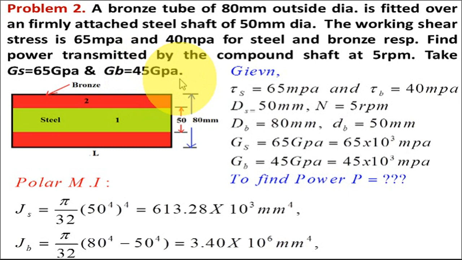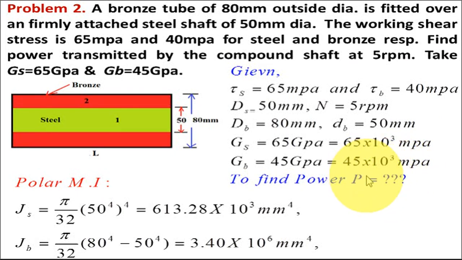Again it is just like the previous problem, but slight changes are there. Now here they have asked to calculate the power transmitted. You know that the power transmitted equation is 2 pi N T upon 60. So 2 pi is constant, N is the number of revolutions, that is 5 rpm, N is known, T is not known, and divided by 60.